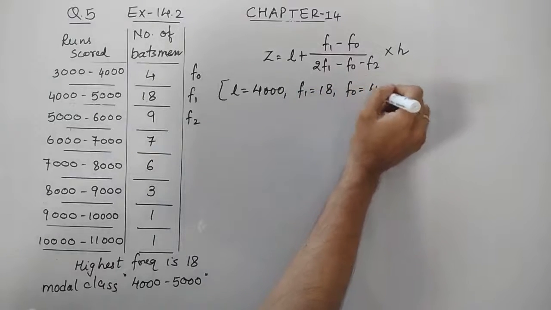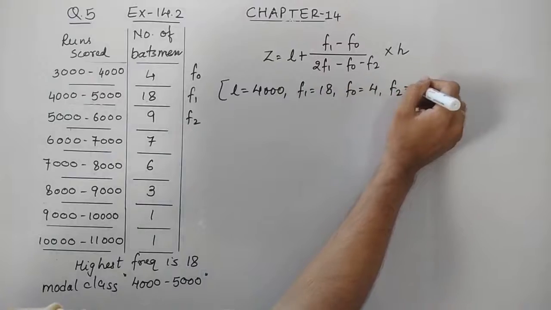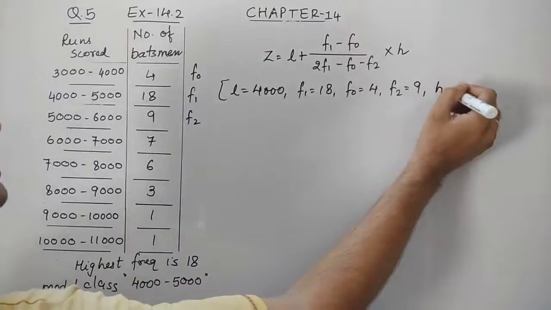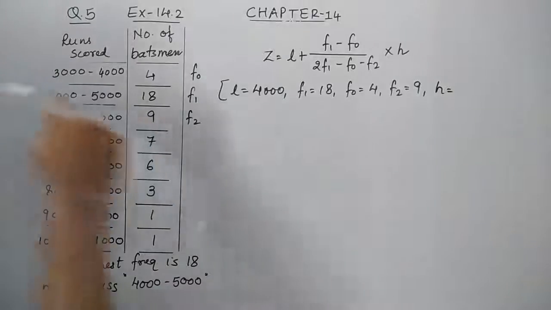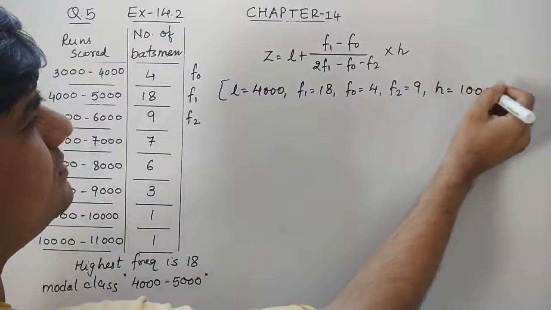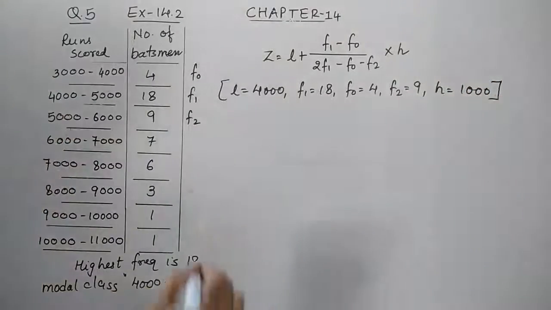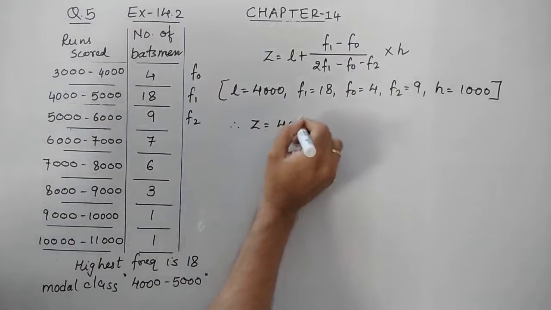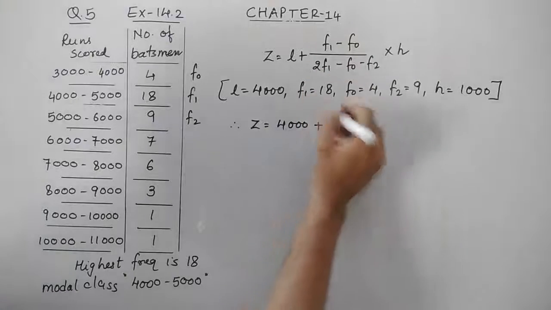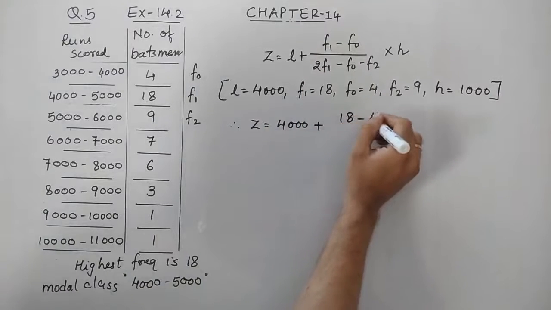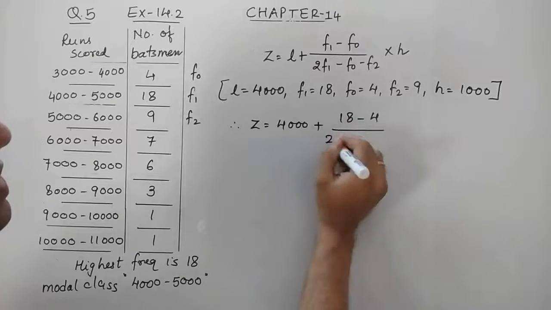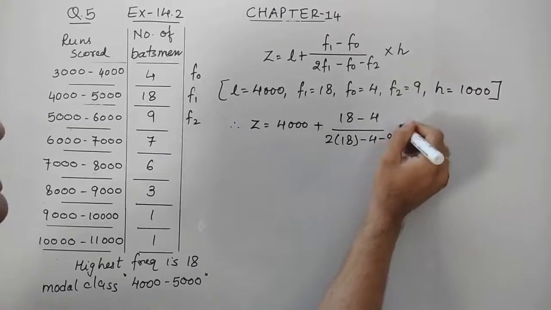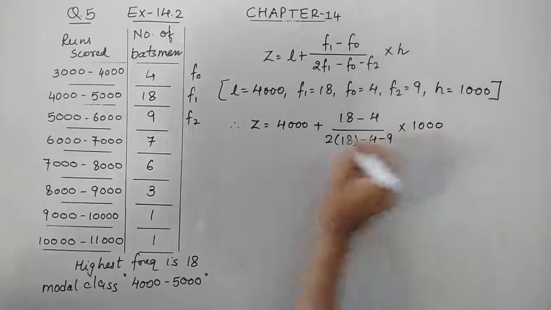F0 is the preceding and F2 is the succeeding. H is the class length, that is 1000. As we have all the values, substitute them in the formula: Z is equal to 4000 plus F1 minus F0 upon 2F1 minus F0 minus F2, into H.